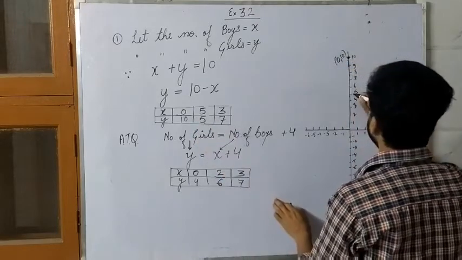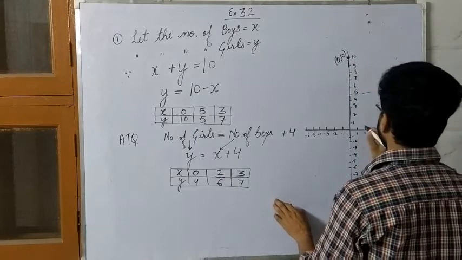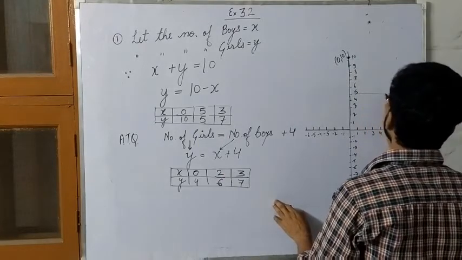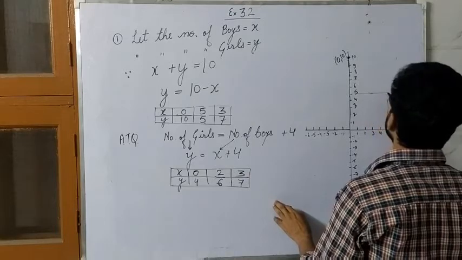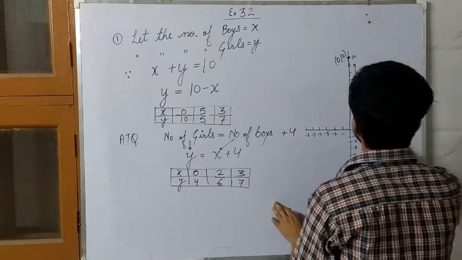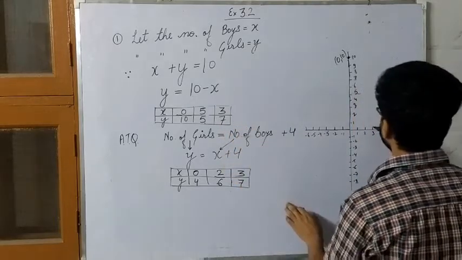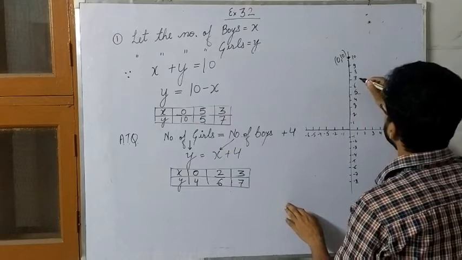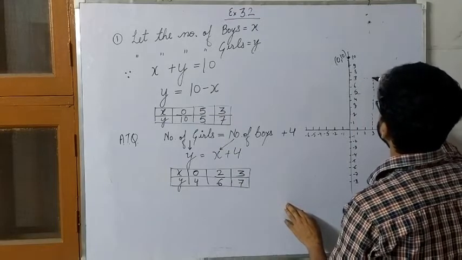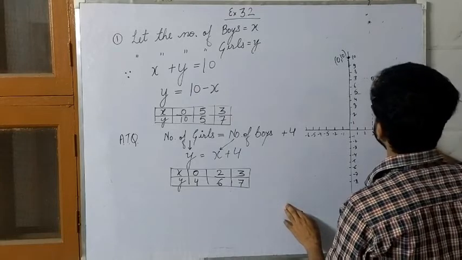The second point is 5, 5. So on the x axis here is the 5, and on the y axis here is the 5, so it will come approximately here. Now the third point is 3, 7. X is 3 and y is 7, so this point will approximately come this side.